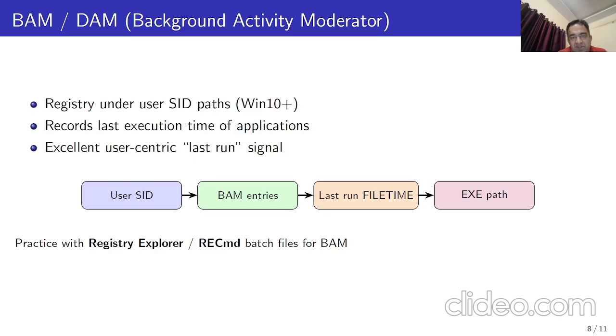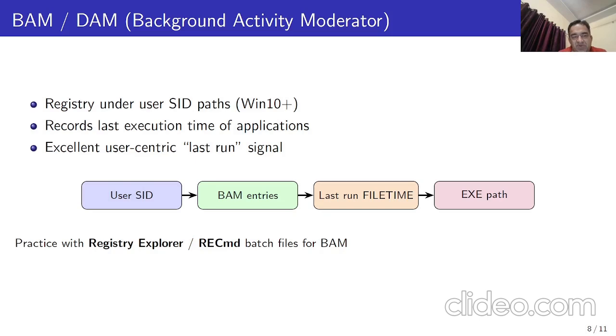Practice with Registry Explorer or RECmd batches. For example, BAM under a SID ending in 1001 shows a path like C:\Users\Bob\Downloads\tool.exe at some time in UTC, indicating execution by Bob rather than a service account. So these kinds of activity could be observed in BAM.